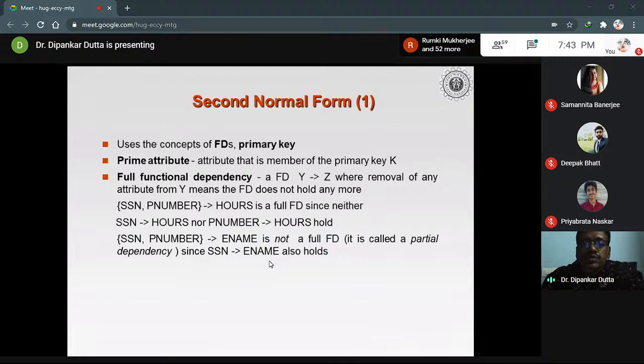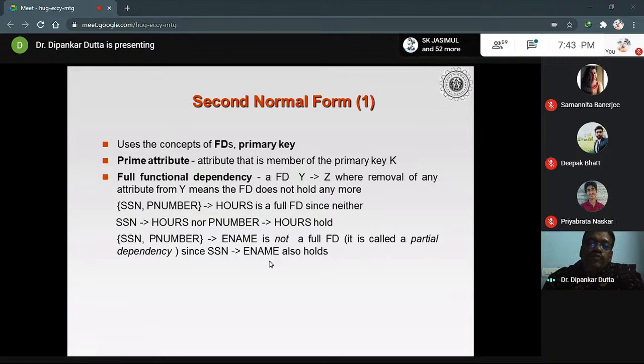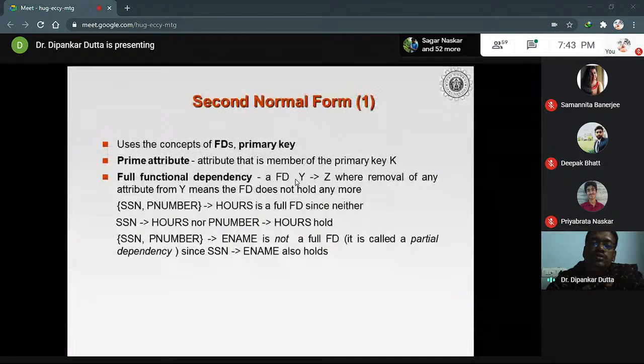Suppose a functional dependency is written like this: Y implies Z, where removal of any attribute from Y means the functional dependency does not hold anymore. Here Y may be multiple attributes, for example a primary key composed of multiple attributes which determines another attribute.